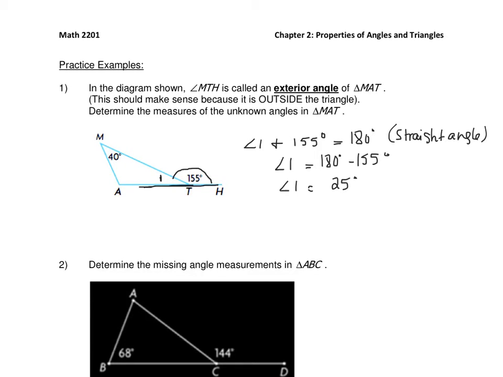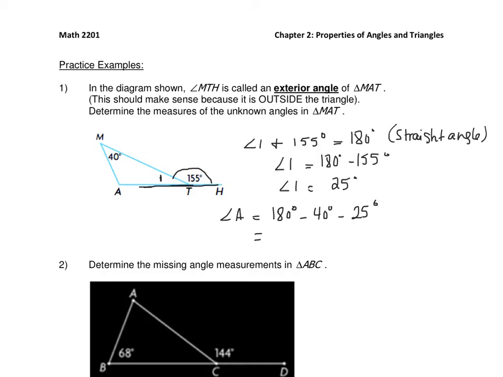So I know that angle 1 is 25, and therefore I've got two angles of the triangle MAT now. So angle A has to equal 180 minus the 40 minus the 25, because the three angles of the triangle have to add up to 180 degrees.